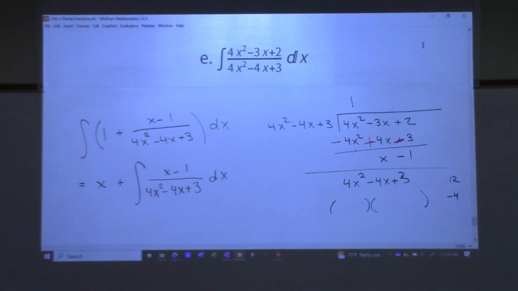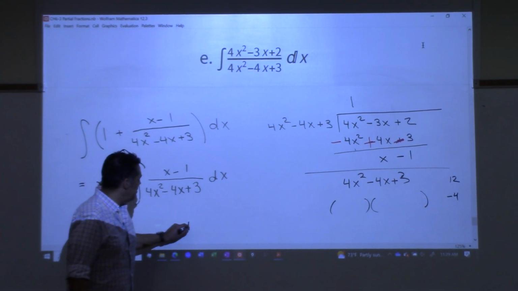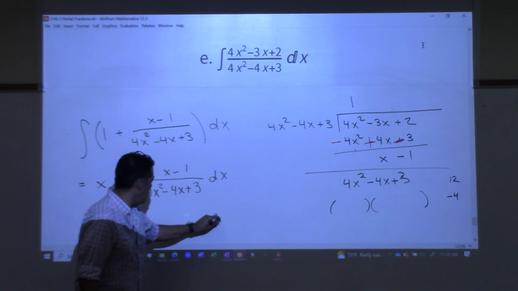Oh, wait, that's more than a constant. Is it a basic u sub? Because the constant goes away. Okay, whatever gets us the answer fast. If we did basic u, I think you're saying make the denominator our u.